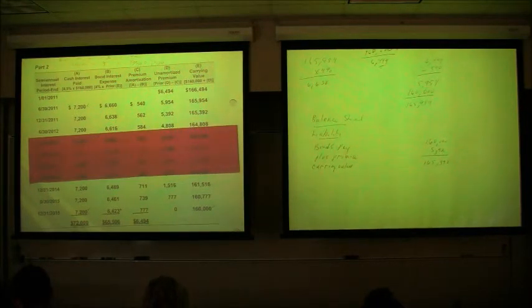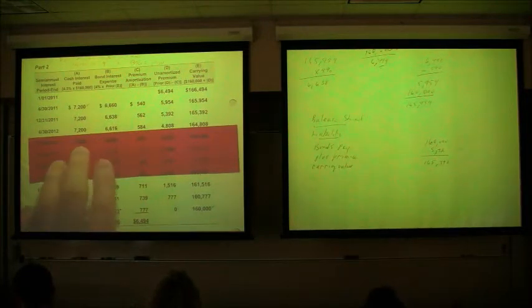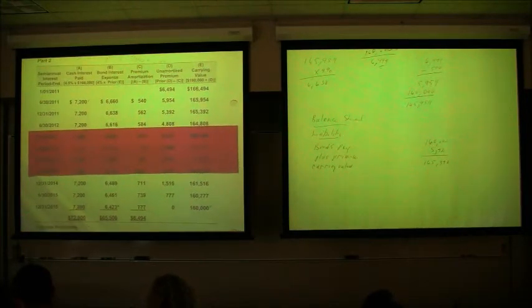Steve? Yeah. So on 12/31/2015, is the bond interest expense always going to be treated as a plug figure, because it can never go below the 160,000? Yeah, when you're dealing with six-digit numbers, no matter how big your calculator is, it only goes out so many places, and there's going to be some rounding off.